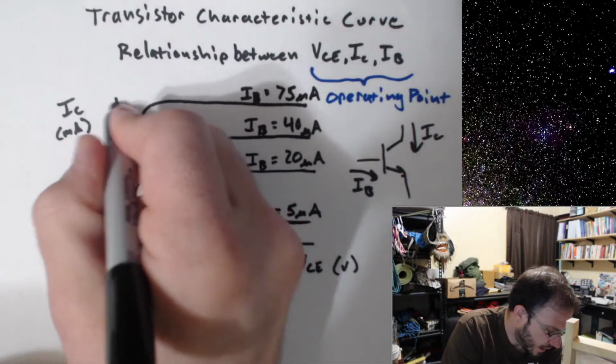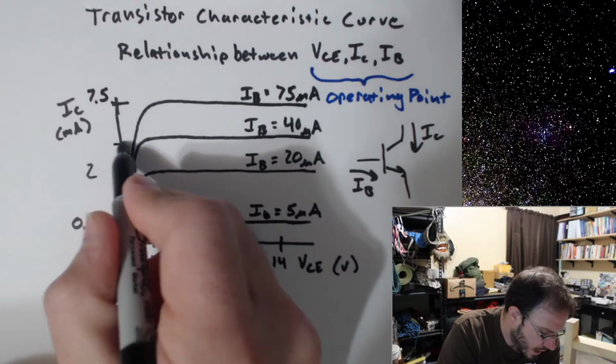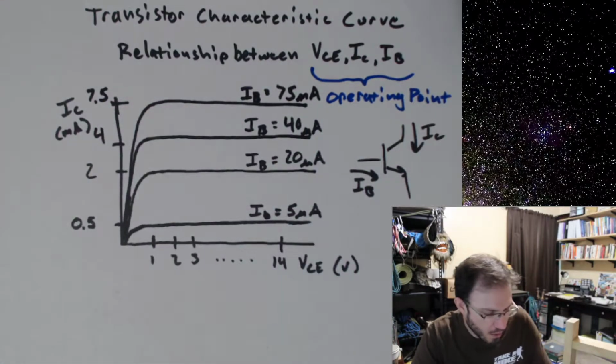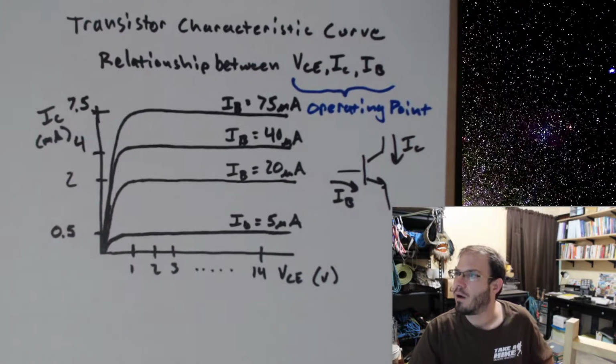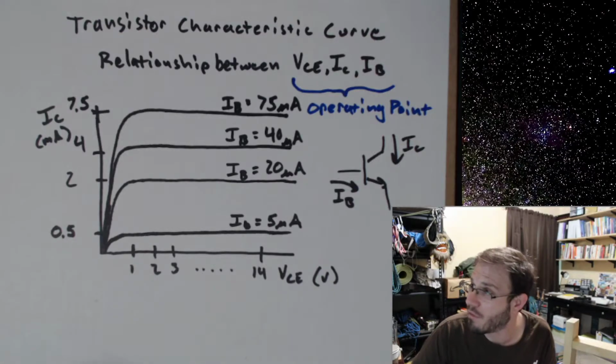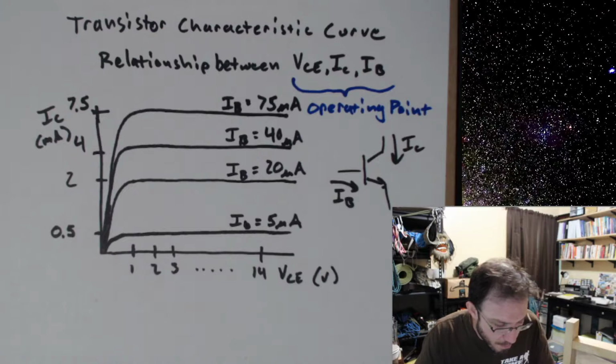And we'll see 7.5 milliamps here and 4 milliamps here. So this is how it's done to characterize a transistor. Since we have 3 inputs, we have a separate curve for each different base current.